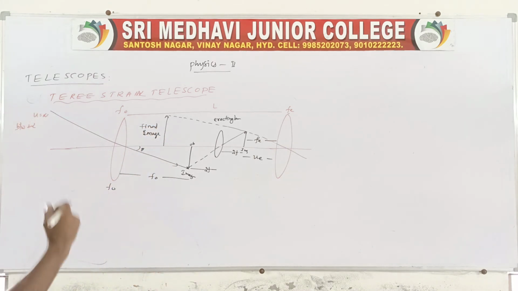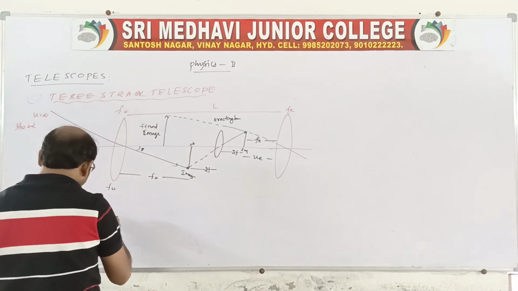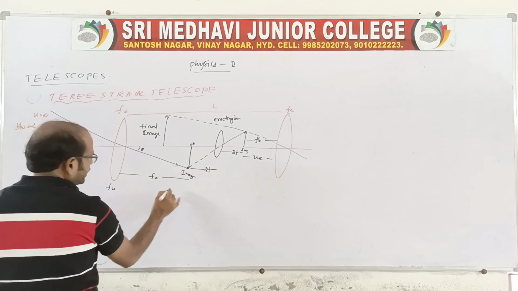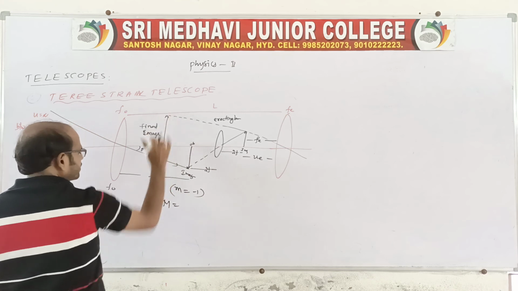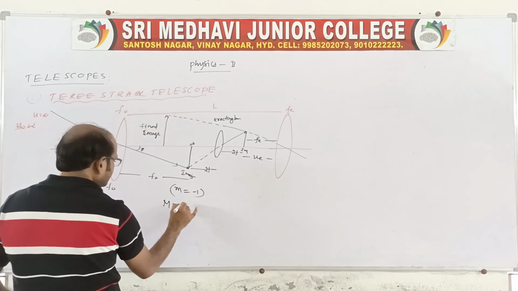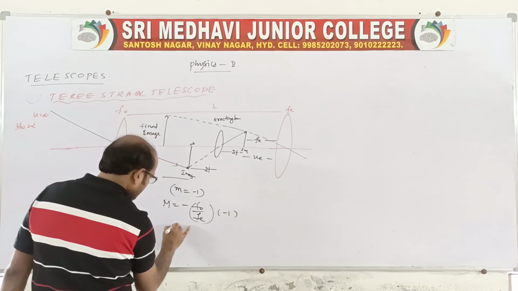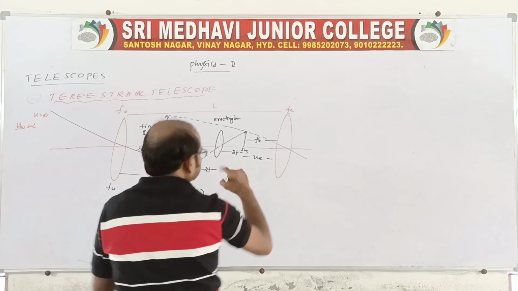Therefore, what will happen to the magnification as well as the distance between the two lenses? Write the first one: the magnification is very simple. In the last case we took m equal to -1, but here the image is real and inverted, so directly write minus f naught by fe of -1. So capital M is equal to f naught by fe. That is the magnification. What will be the distance?